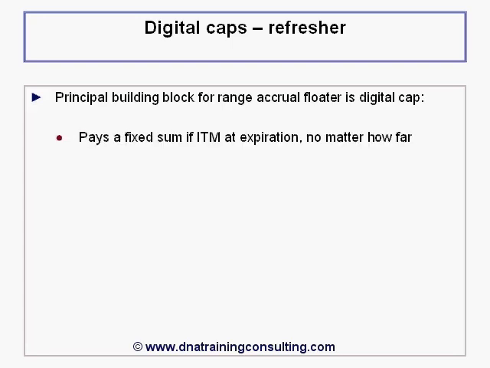In that module, we explained that a digital cap is one that pays a fixed sum if it is in the money at expiration, irrespective of how far it has gone in the money.